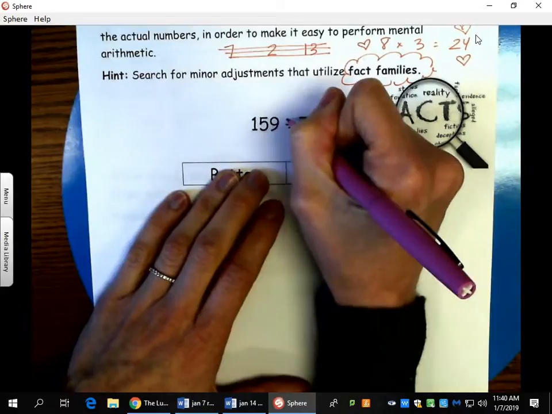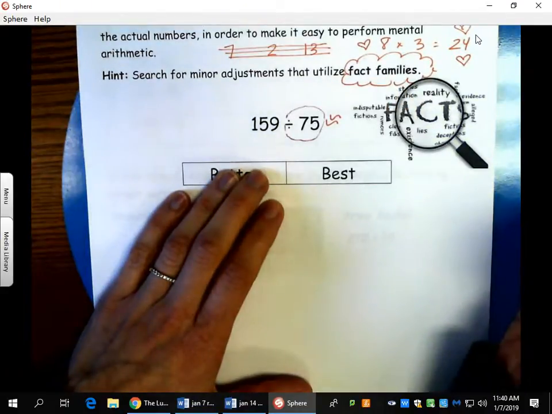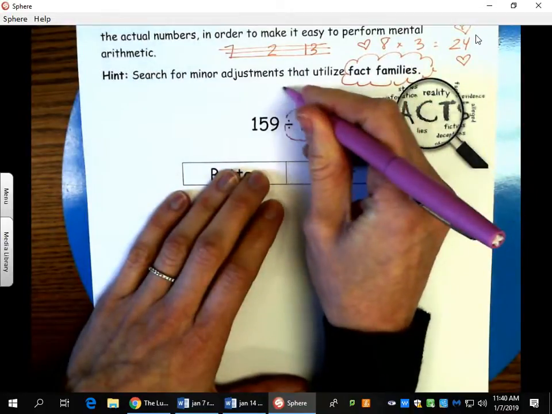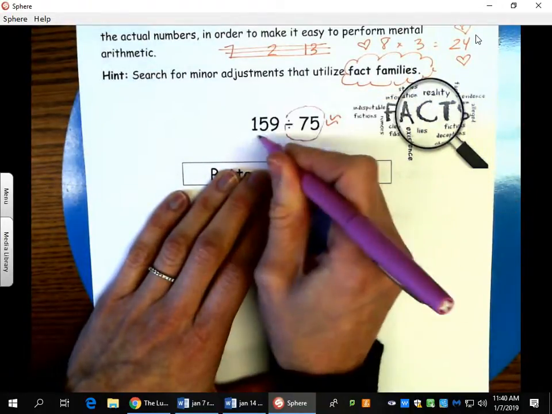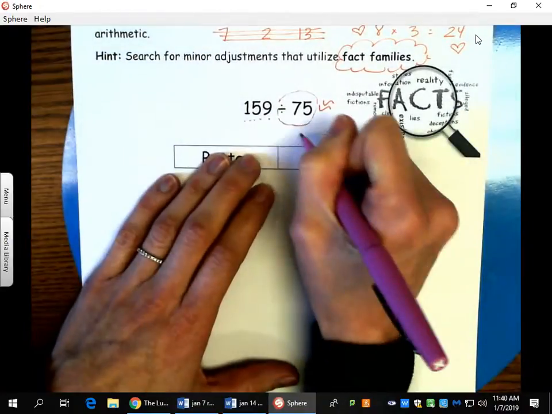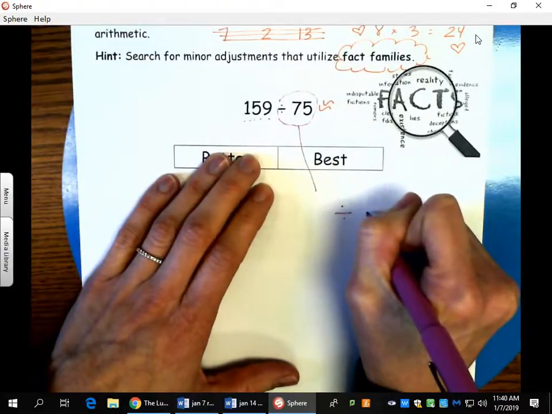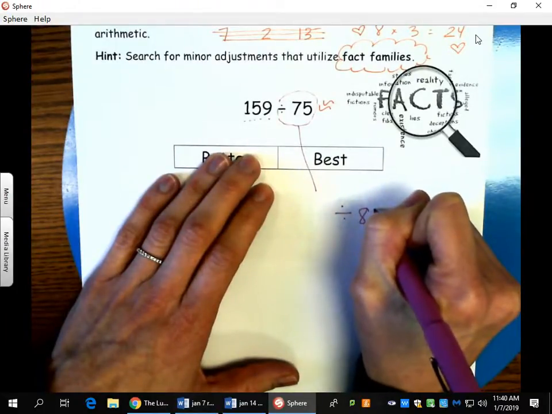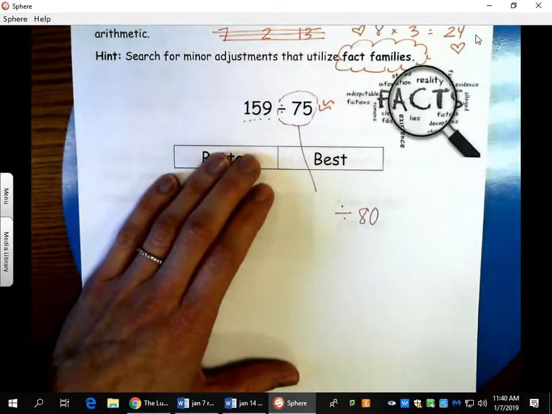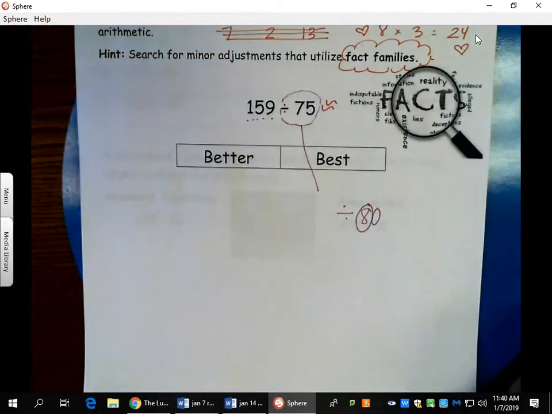Now, I know we were keeping the divisor the same a lot, and if you can, that's great. But when I think about what 75 goes into, I can't really think of anything close to that. So instead of it being 75, I'm going to say, wait, what if I make it 80? And what does my 8 go into?